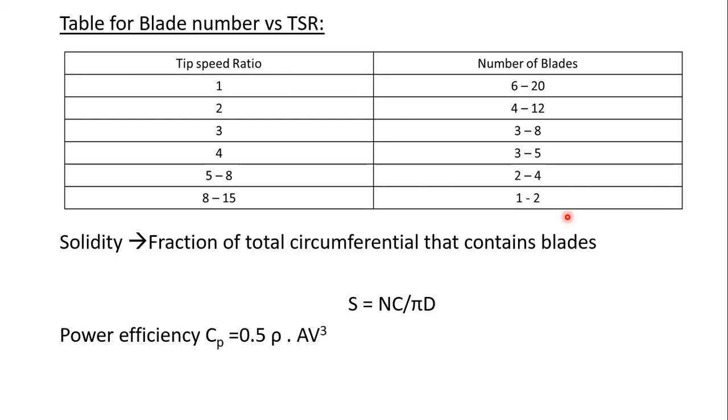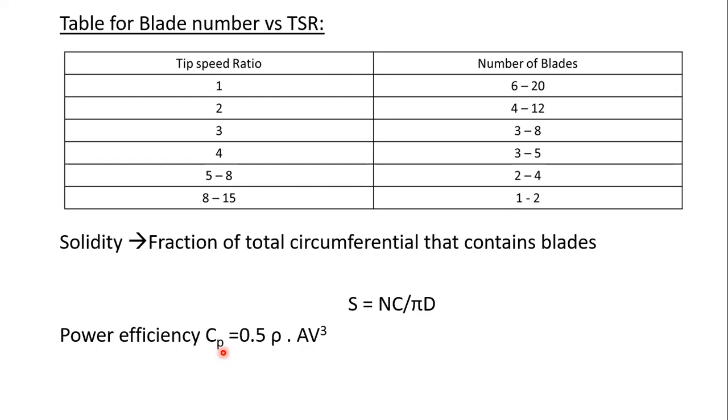The efficiency of windmill rotors is usually expressed as Cp, with the suffix P. This is called the power efficiency or performance coefficient. Sorry, power coefficient or performance coefficient.